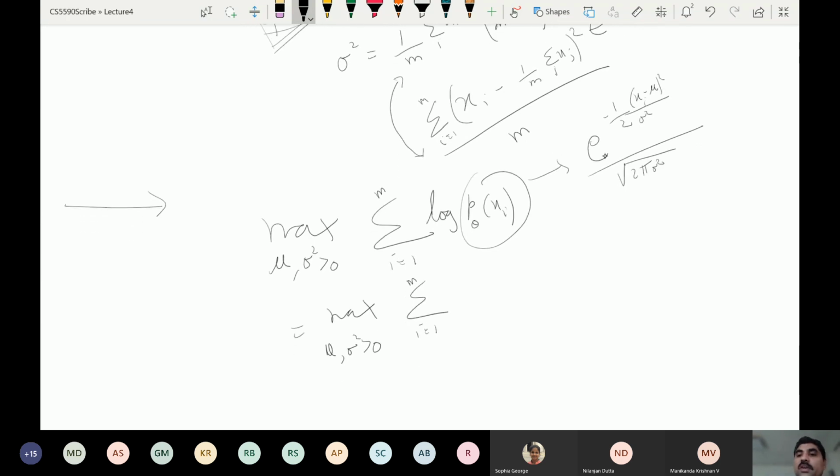So what is log of a by b? It is log a minus log b. So log of e to the power of something is simply the sum of those things. So I can take minus half common, xi minus mu square by sigma square. So sigma also I can take common, 1 by 2 sigma square. And then what will I get?